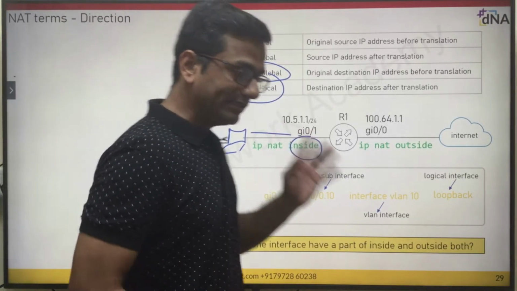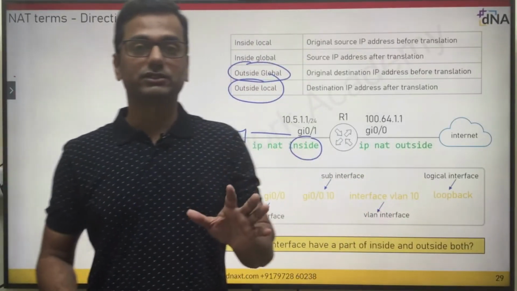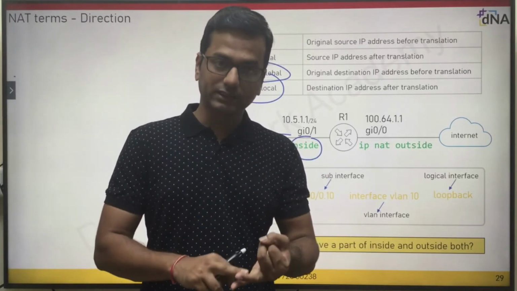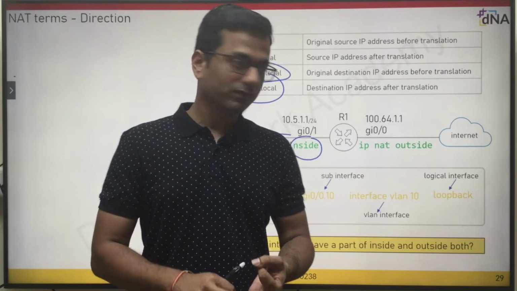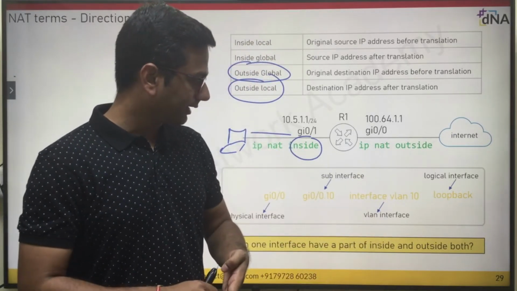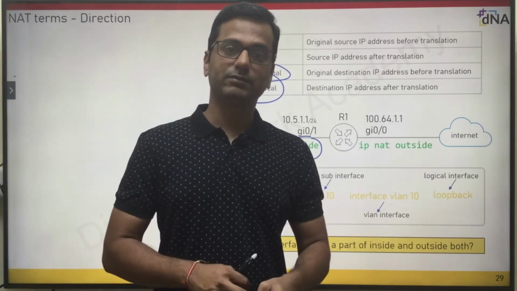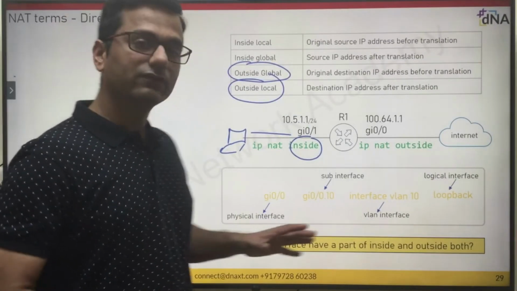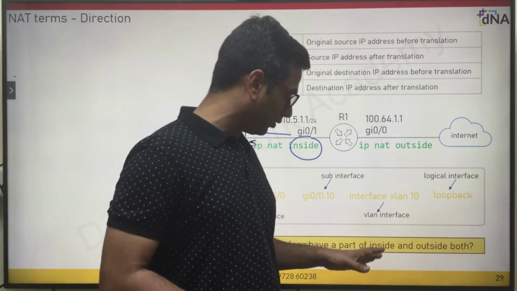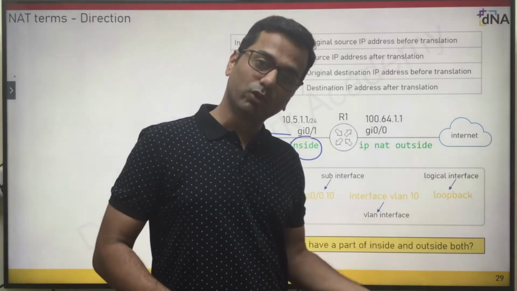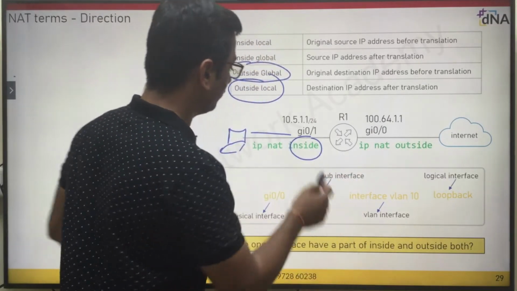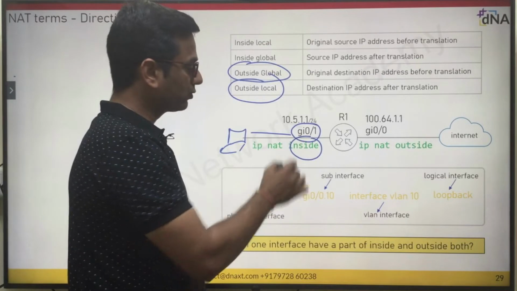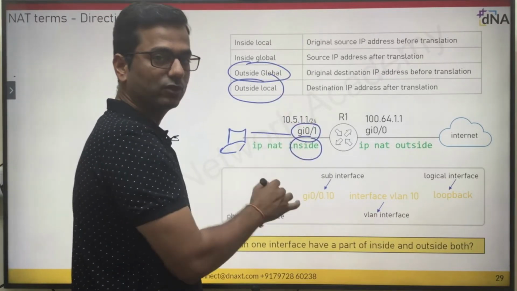Now, on which type of interface can I configure inside and outside? Of course your sub-interface, your physical interface, your SVI, your logical interface, or your tunnel interface can be inside or outside. Now the question is, can one interface be part of inside and outside both? No. If you configure this GigabitEthernet 0/1 as inside, you have to configure this interface as inside only.